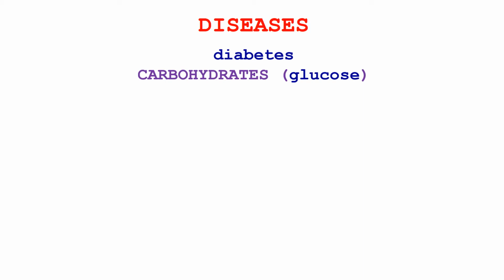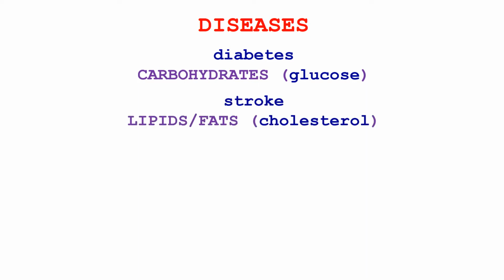Some of the diseases that are caused by the biomolecules of life include diabetes. Diabetes is caused by having too many carbohydrates in your blood, too much glucose in your blood. The cells in our body need glucose in order to obtain energy, but if you have too much glucose, it's not a good thing. Stroke is caused by having too many lipids or fats in your body.